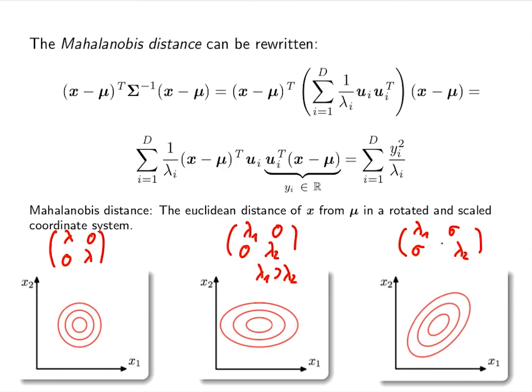And a good exercise for you probably would be to take an arbitrary positive definite 2 by 2 matrix and try to find the main two axes of the underlying ellipse and try to also draw these isolines here. Okay, so this is the first property of the Gaussian.